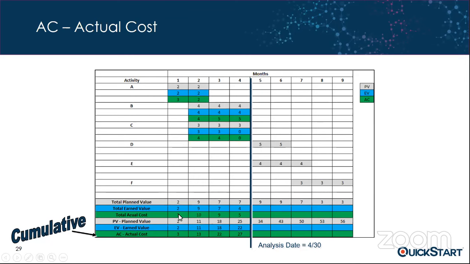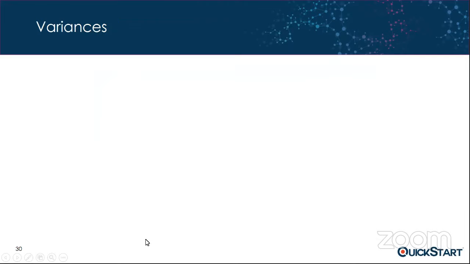So the first step that we do is drop our 3 down. And then we perform our cumulative calculation. So 3 plus 10 is 13, 13 plus 9 is 22, and 22 plus 5 is 27, okay? And that is what gives us our actual cost. And there are those three key values for earned value management.